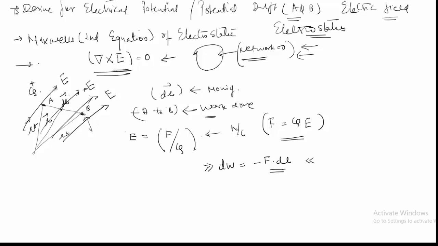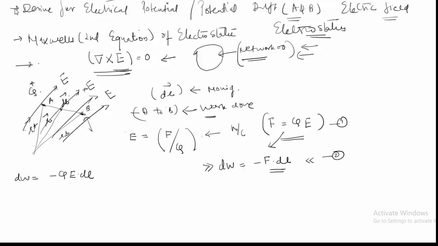If you substitute the first equation into the second, what you will get is dW equal to minus QE dot dl.